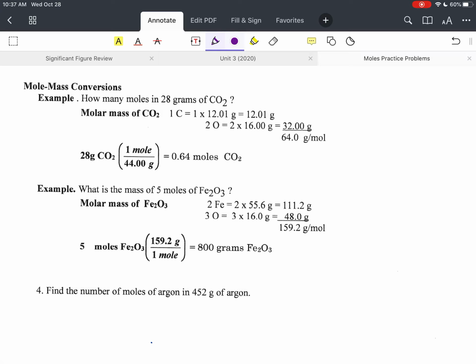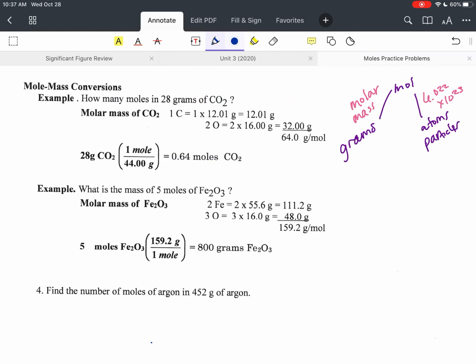moles to mass. Okay, so again, we have our mole map. Okay, I have my molar mass over here, and the 6.022 times 10 to the 23rd over here.